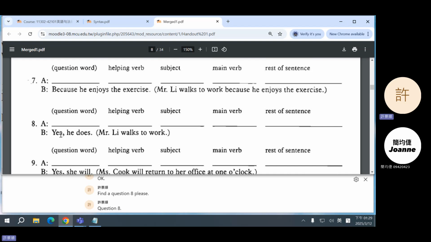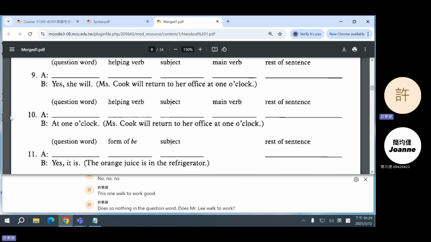Number 8. This one. This one. Good. Does, sorry, nothing here. Does Mr. Lee, no, no, no, this one, walk to work? Good. Does, so nothing in the question word. Does Mr. Lee walk to work?